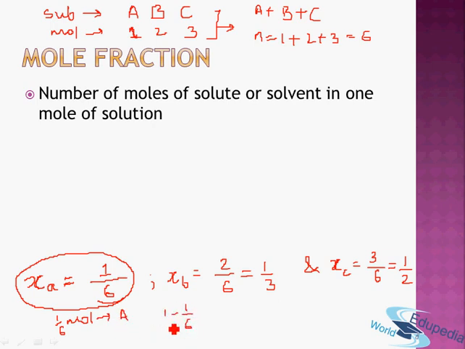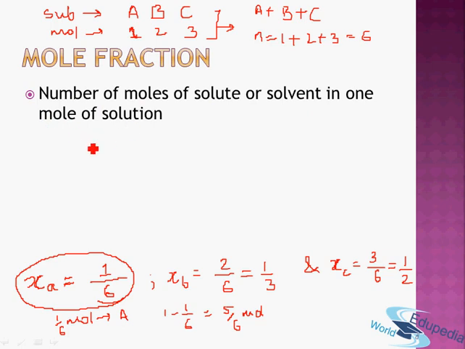Okay, 1 is the total moles of solution. Out of that, 1 by 6 is of A. So 1 minus 1 by 6 is 5 by 6. So this 5 by 6 mole of the solution left will belong to B and C. Okay, so this is why we say it is the number of moles in 1 mole of solution.